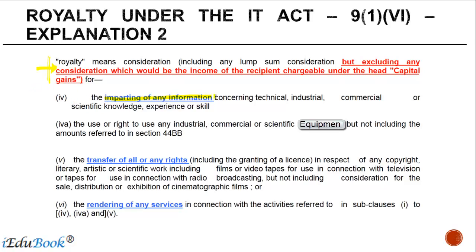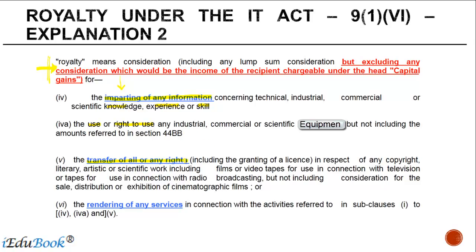Let's come to clause number 4. The imparting of any information concerning technical, industrial, commercial, or scientific knowledge, experience, and skill. Right? So again, imparting. Transfer cases covered, imparting cases covered, use cases covered. 4A, the use or the right to use any industrial, commercial, or scientific equipment, but not including the amounts referred to in section 44BB.